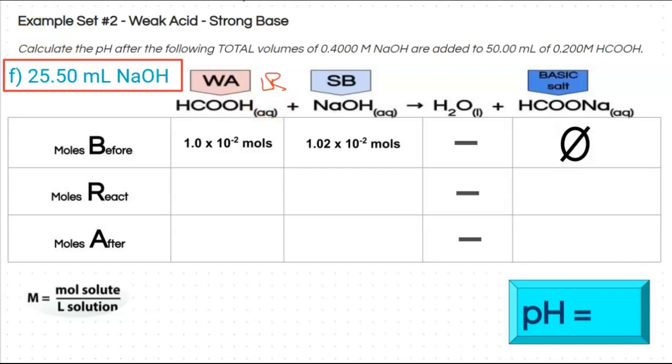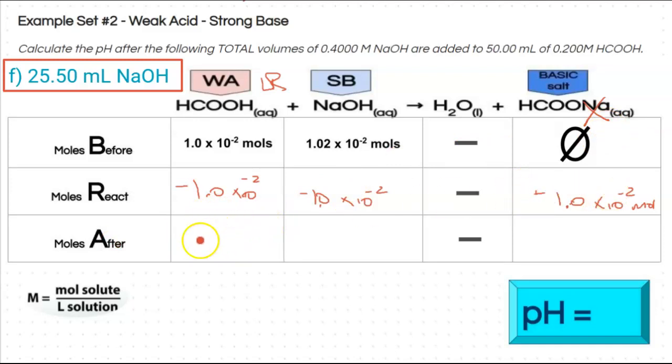So on this part of the problem, I'm going to use up 1 × 10⁻² moles of the acid, and I use up the same amount of the base, 1.0 × 10⁻². We do form 1.0 × 10⁻² moles of the methanoate ion. Remember, we don't worry about sodium.